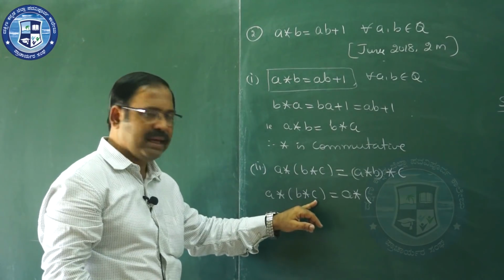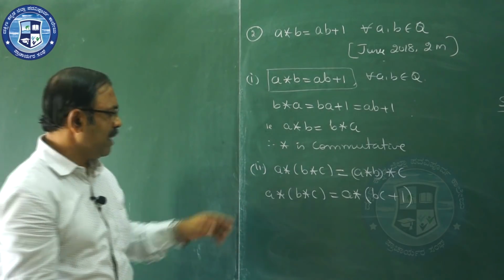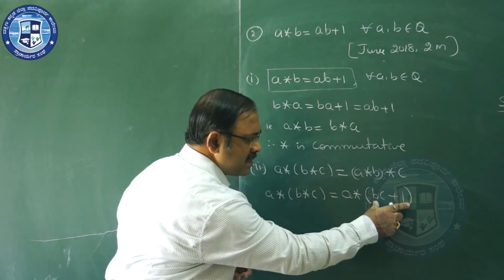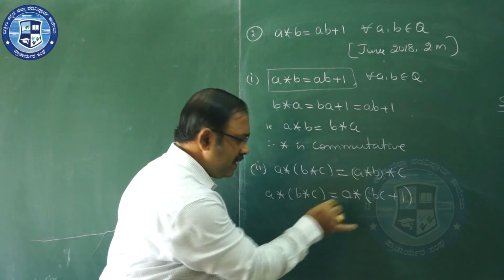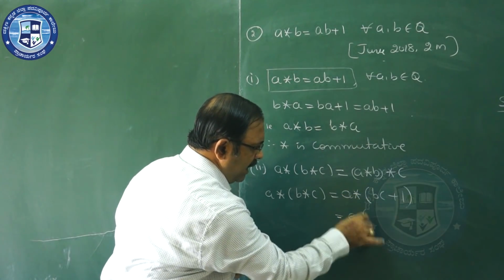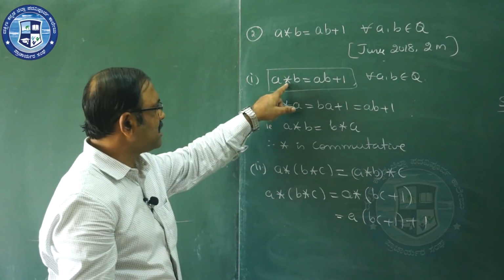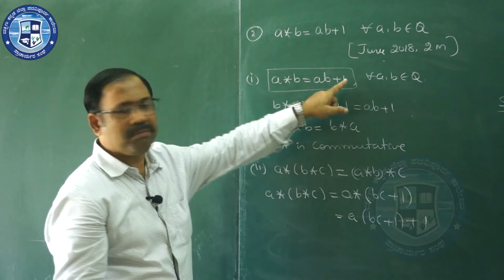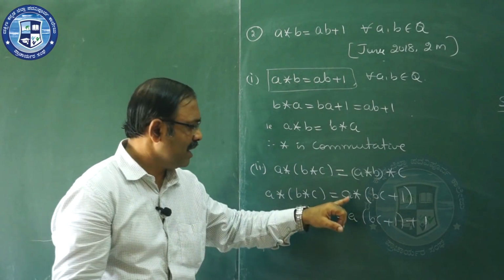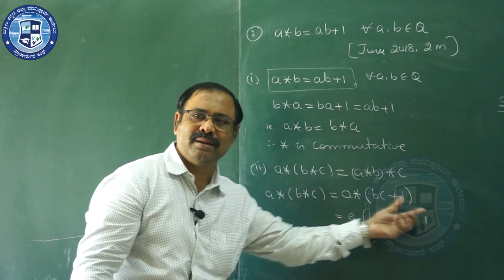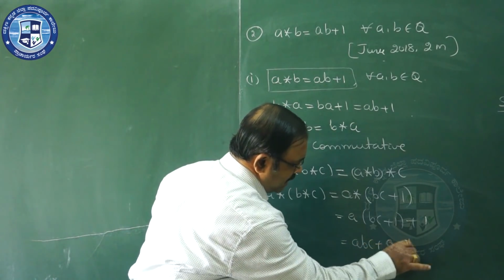What is B star C? B into C plus 1. Now, this is A star (BC plus 1), which is A into (BC plus 1) plus 1. So that is nothing but ABC plus A plus 1.